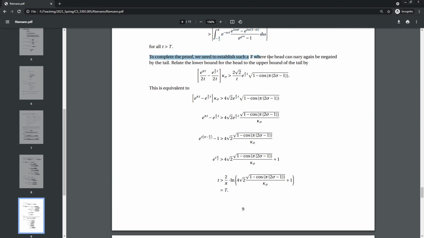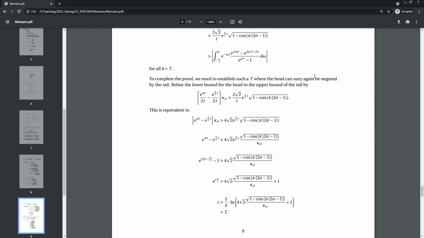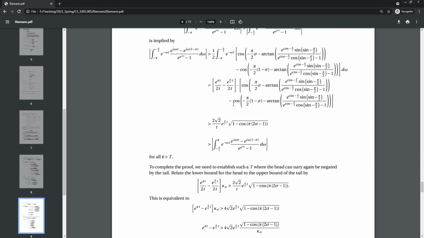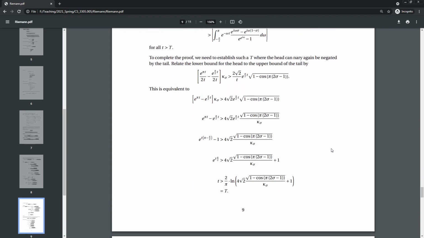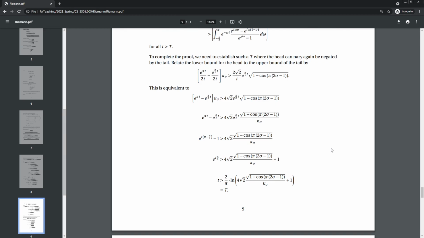So to complete the proof, we need to establish some value t such that once we move up the imaginary axis past some point, these two are never able to cancel each other out again, in which case their integral could never be 0, which would mean that the critical line, as before, is the only place where the zeta of s is equal to zeta of s complement, which is why we're going through all of this exercise.